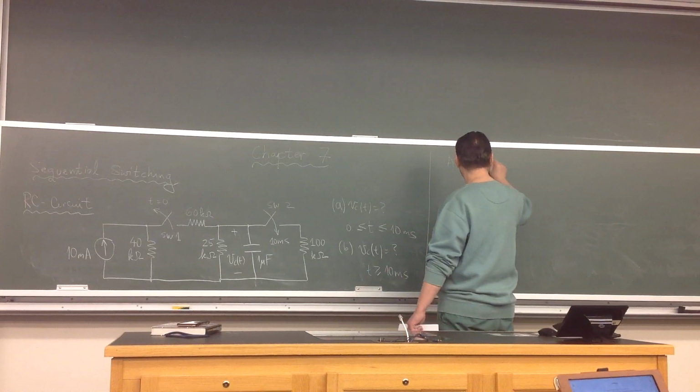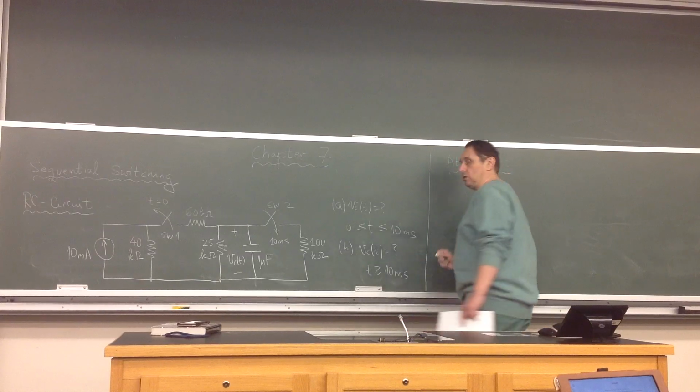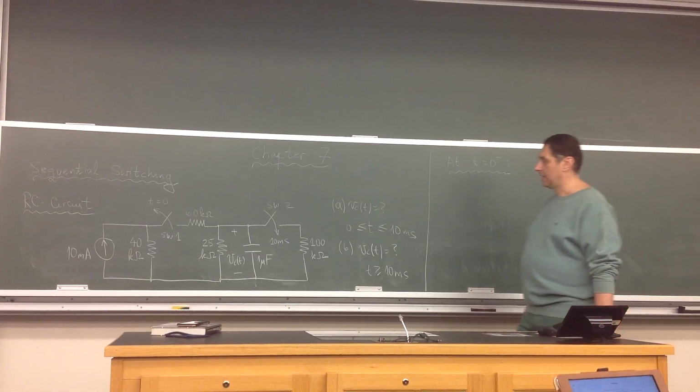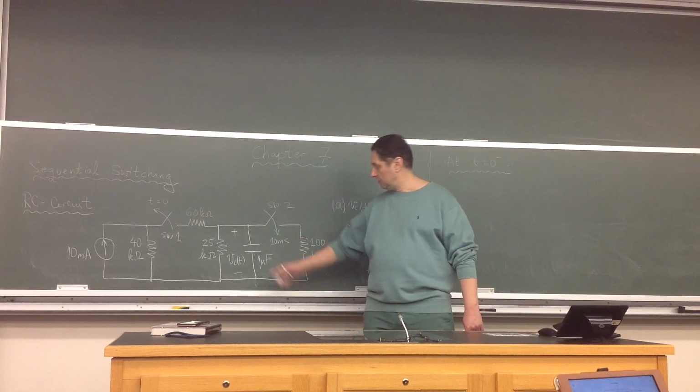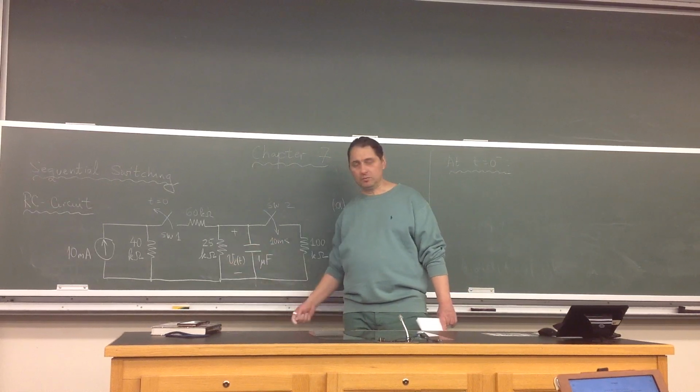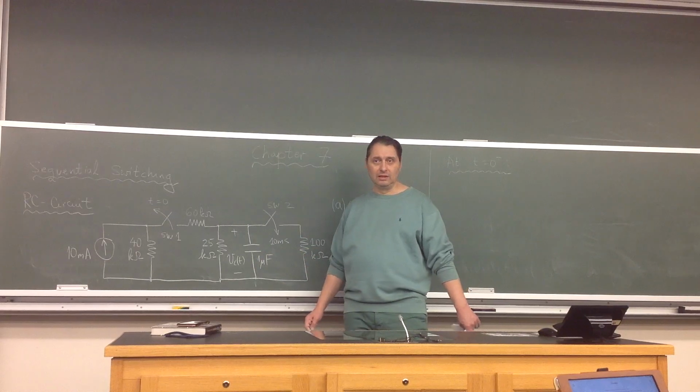Until the first switching happens. So at t equals 0 minus, the capacitor will be open and charged up. Whatever voltage you have across the 25 kilo ohms, that's your voltage on the capacitor.